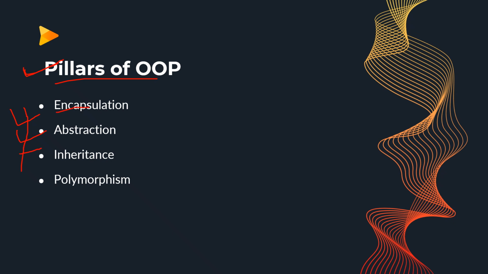If an interviewer asks you, you have to tell these four names. First of all encapsulation, then abstraction, then inheritance and last one is polymorphism. So these are the four pillars of object oriented programming.